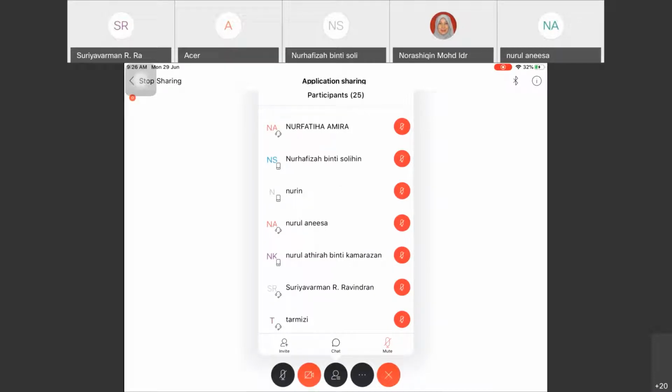Masih nampak skrin saya kan? Nampak, Doctor. Nurul, suara tak dengar lah. Something wrong with your mic, I think. But Doctor, we can hear Nurul's voice. Oh, why can't I hear Nurul's voice?